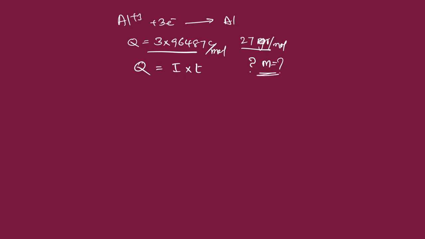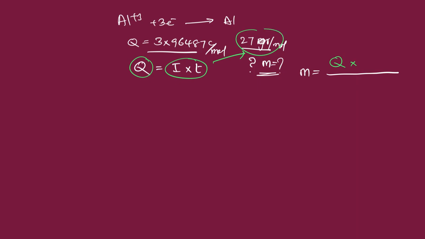Now we are going to calculate the mass. So the mass is equal to, by the crisscross method, I into T or Q first, right? This is Q, and multiply with the molar mass.